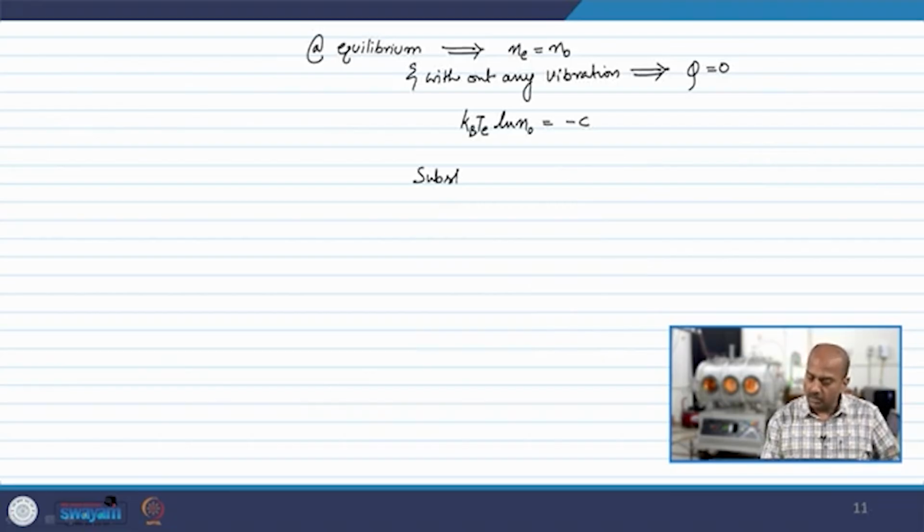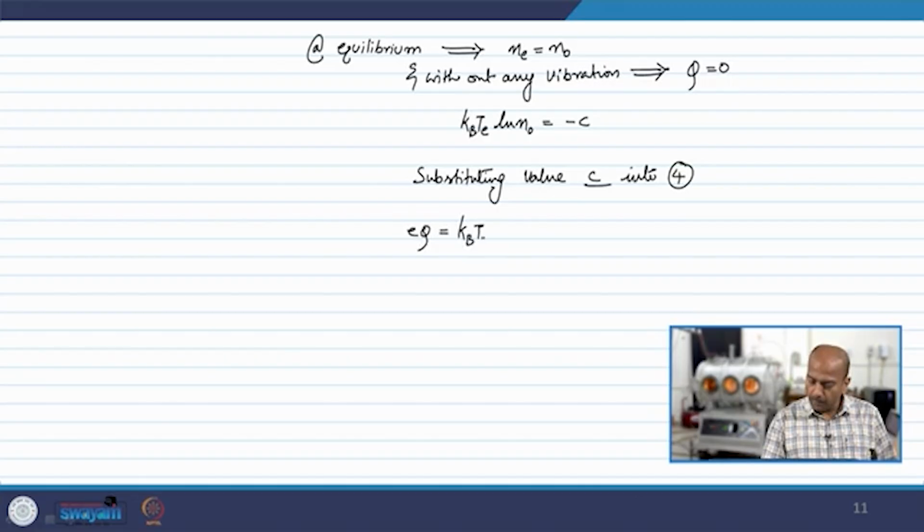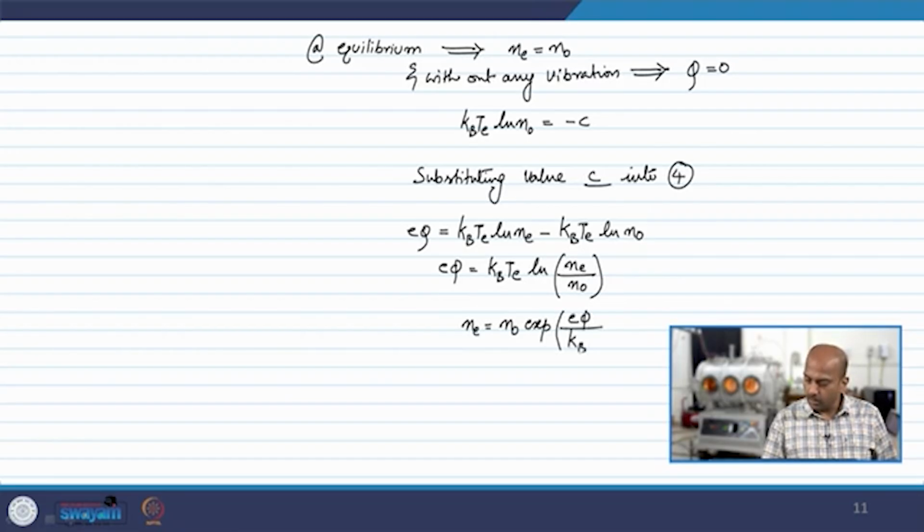Substituting the value of the constant C into equation number 4, what we will get is e φ = k_B T_e ln n_e − k_B T_e ln n_0, or e φ = k_B T_e ln(n_e/n_0), or we can write n_e = n_0 exp(e φ / k_B T_e).